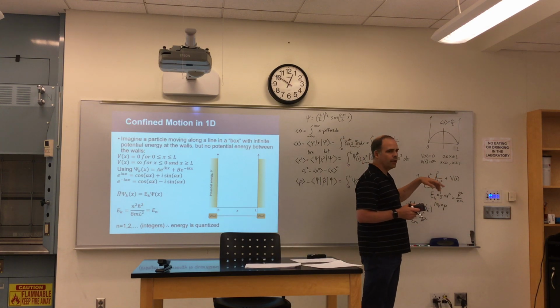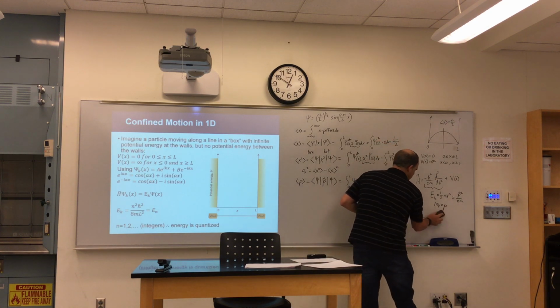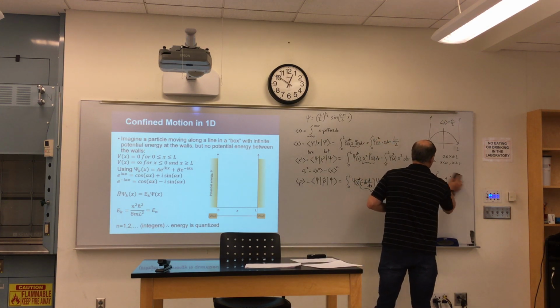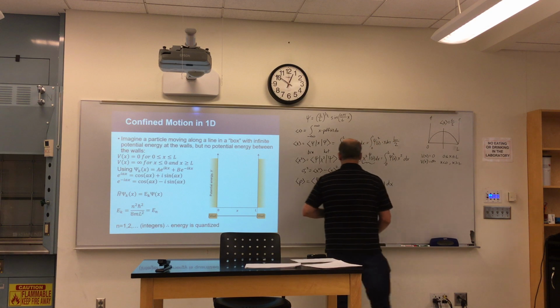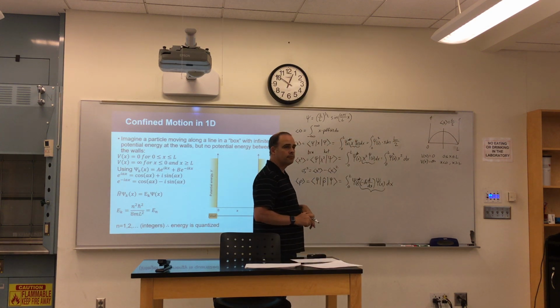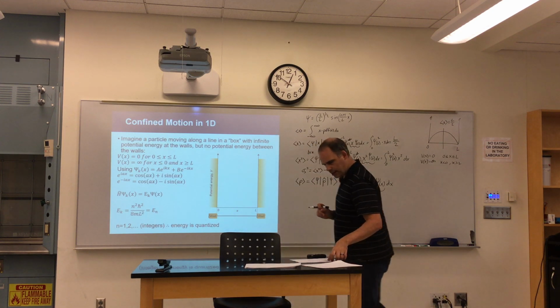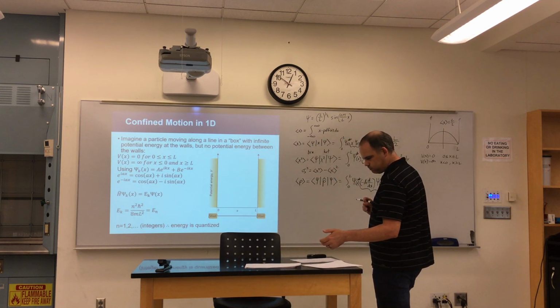When you divide by 2m, you get this back. Okay. So p hat equals negative i h bar d over dx. Yes. Okay, so we did that. We came out with, what did it come out with?